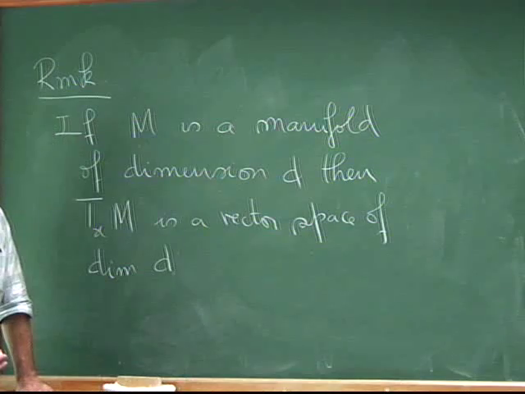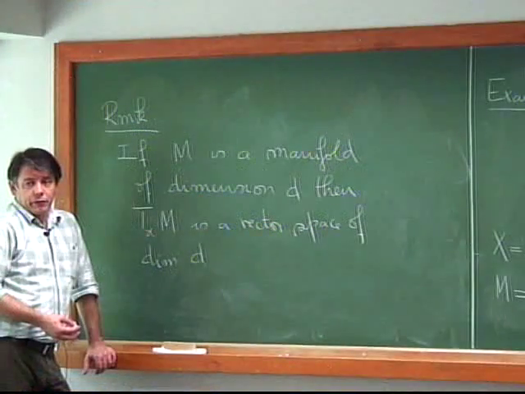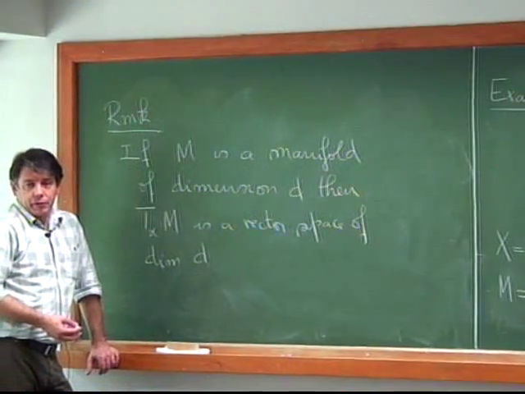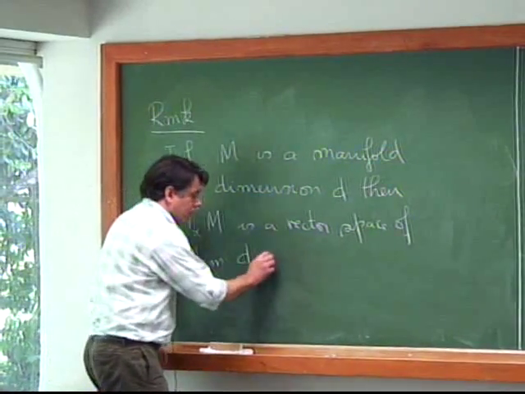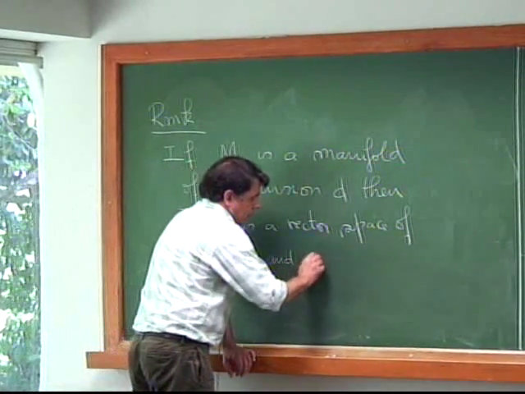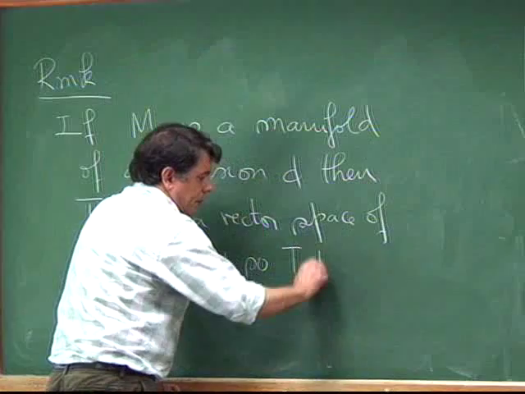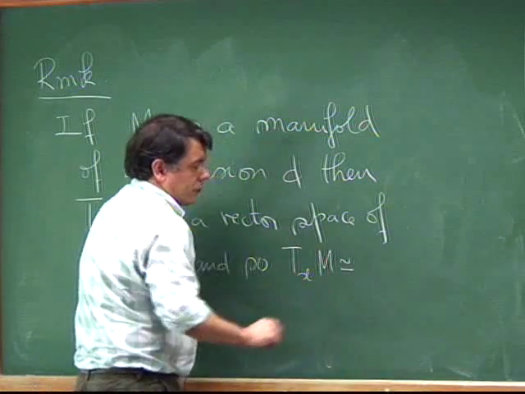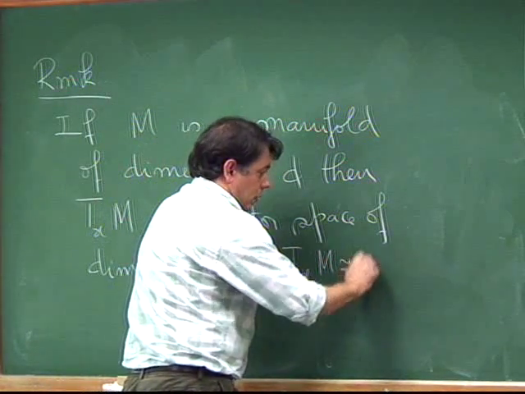And so, you know that all vector spaces with the same dimension are isomorphic. And so, TxM is isomorphic to Rd.